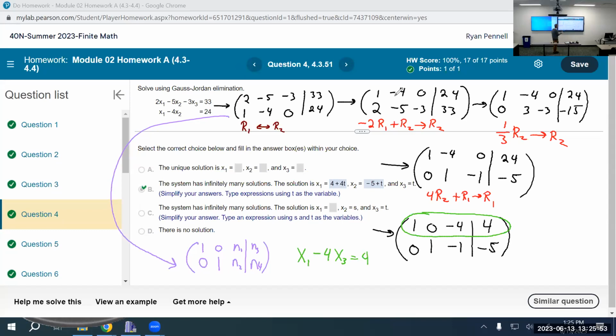And it says, if you do that, use x3 to equal t. All right. So if I do that, that would be x1 equals 4 plus 4t. See, that was the solution.